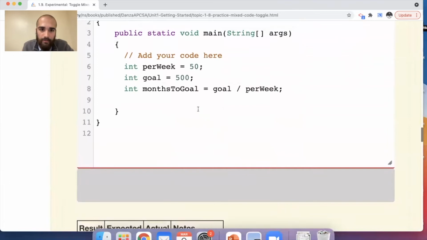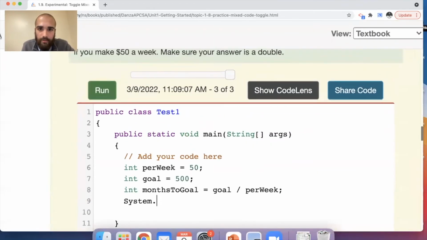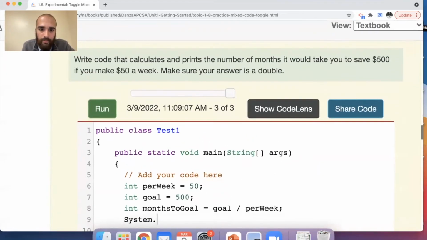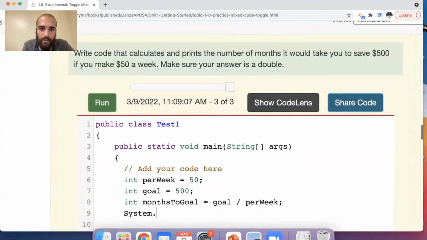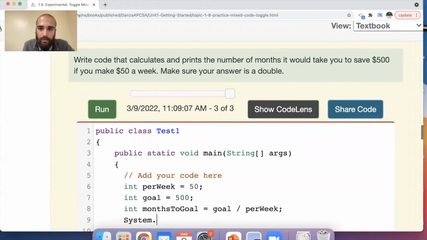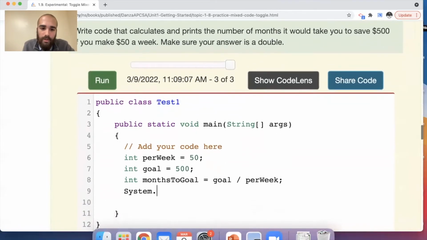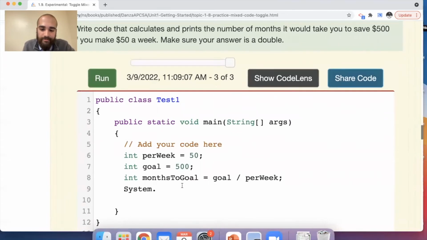Wrong. I got to print it out. Well, it says, write the code to calculate and print the number of months it would take for you to save $500. Oh, a week. You're right.